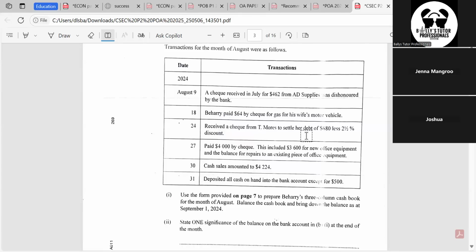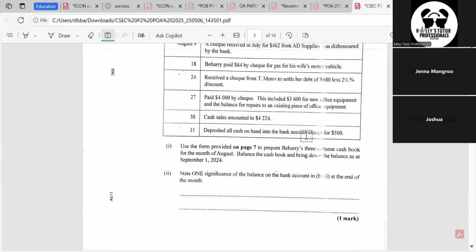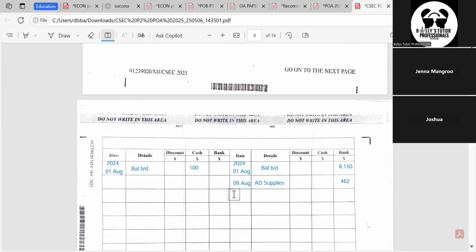Specifically, when you use money for something personal, withdrawal, sir. Withdrawal is very close. When you take out money from the business for personal use, they call it drawings. Oh. Right? Yes, sir. You come on the credit side, 18th of August. The details will be drawings.